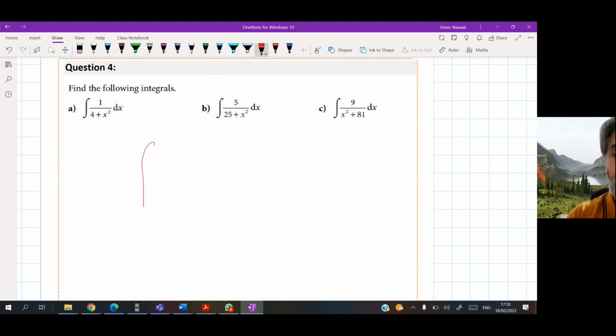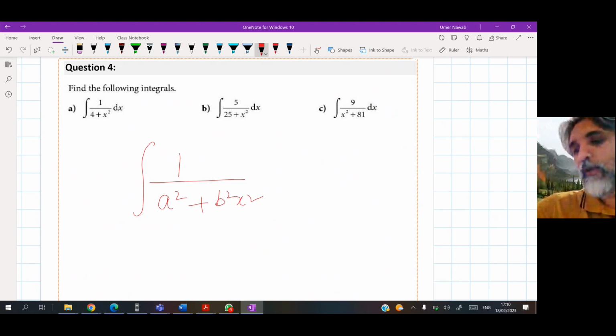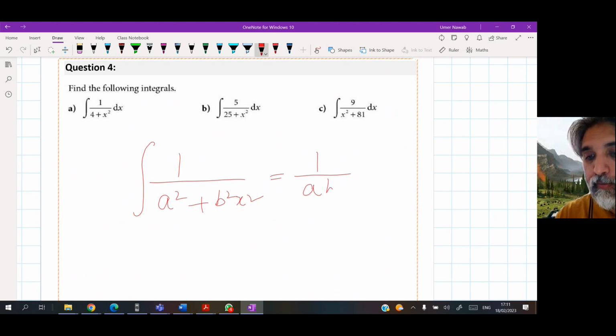Another important thing in integration is when you have a squared plus b squared x squared. In this case, you have to know the formula, which is not in the MF19: 1 over AB inverse tan of bx over a.